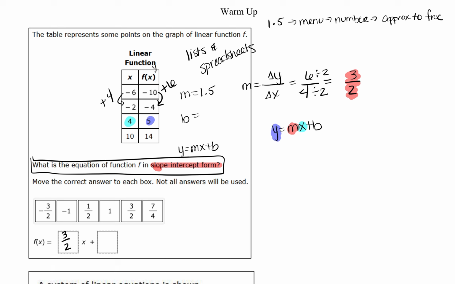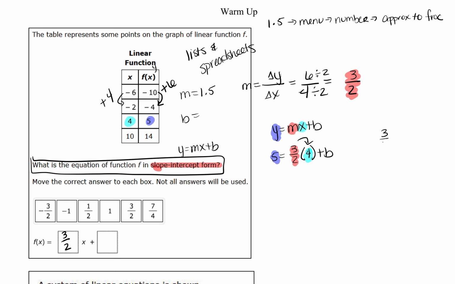So then I have 5 is equal to 3 over 2 times my X, which is 4, plus B. Okay, again, all they are is just going to be the same numbers that I had decided to pick, right? So from here, you are going to solve it out.